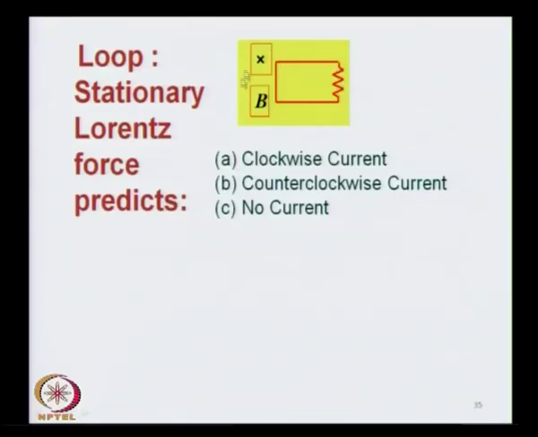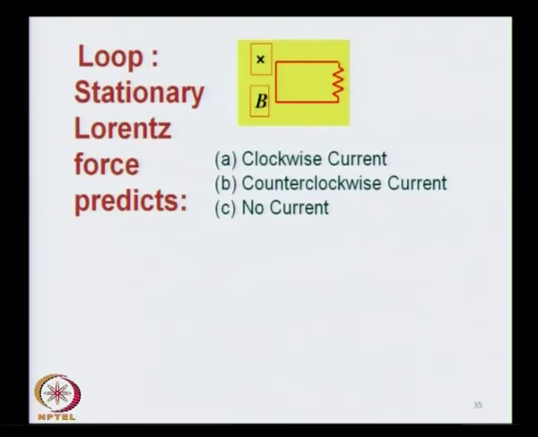Now, let us ask this question, that if you have a certain region of space in which you have got a magnetic field which is orthogonal to the plane of the figure, into the plane of the figure, that is the direction, and in this field you have an electric loop, a conducting loop which is held static, it is not moving.